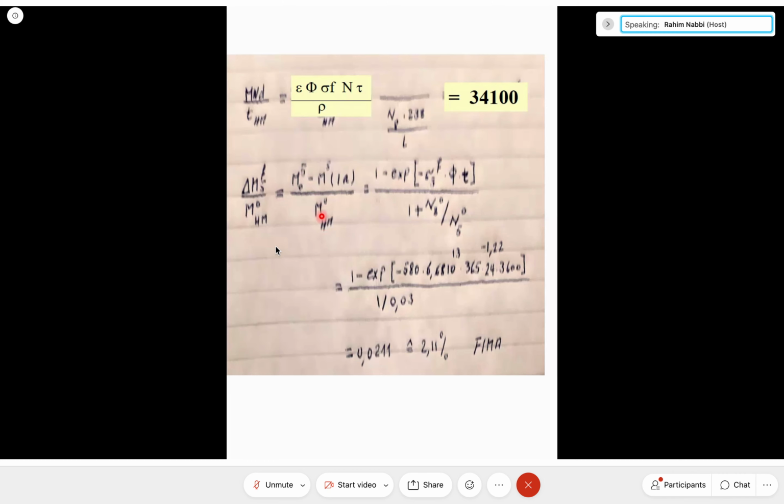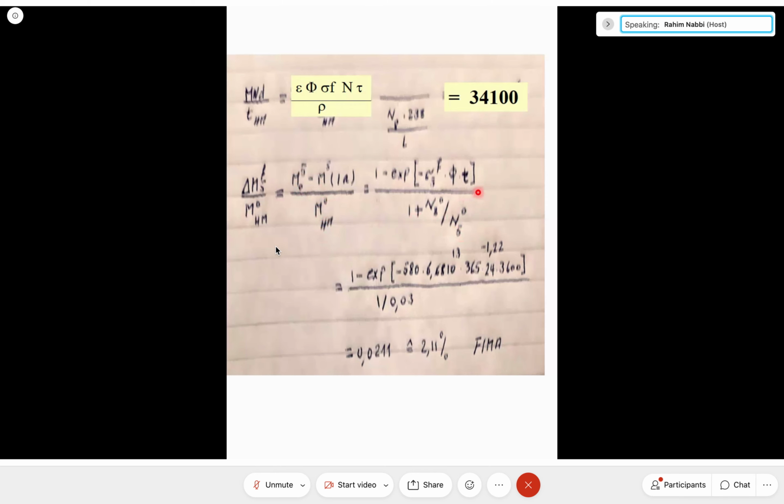Again, this one is M0 uranium-235 plus M0 uranium-238. Then you divide the numerator and denominator by M05. Because mass is proportional to number density, you would get exactly 1 plus N80 divided by N50.